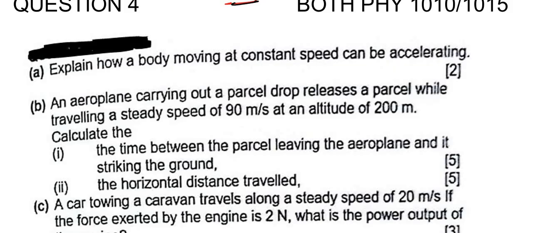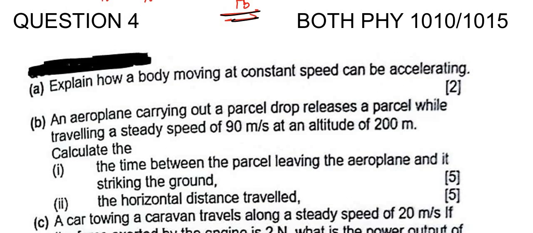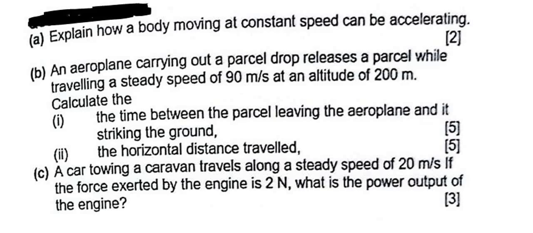So this part here, the physics part, they're saying explain how a body moving at constant speed can be accelerating. A body can be at a constant speed and accelerating only because of the change in direction of velocity. We just say because of change in direction of velocity, because this statement is only applicable when something is moving in a circular path.